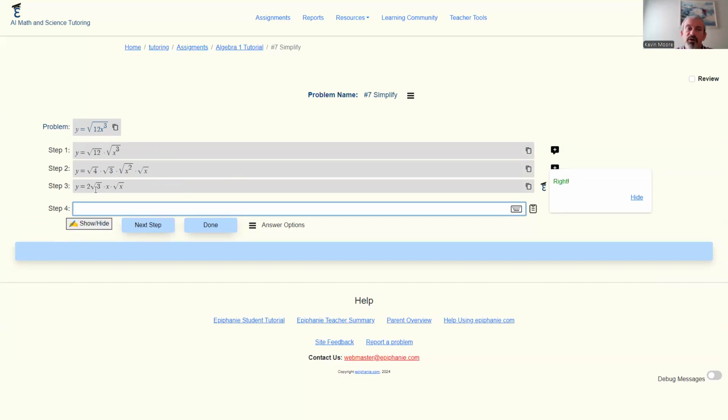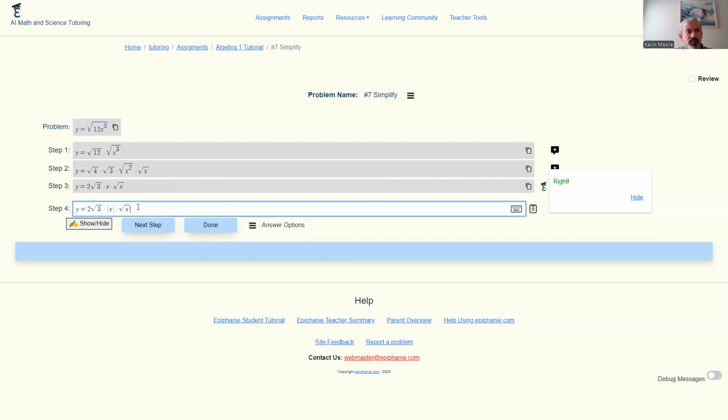A small handful of your classes might require that the square root of x squared is indicated as the absolute value of x. We have to be able to handle all different sorts of classes, all different sorts of standards. We try to be a little relaxed on that. Eventually, we'll have switches to handle that. But for now, you can enter it the other way. In fact, I'm going to copy and paste this and just place the x in an absolute value symbol.